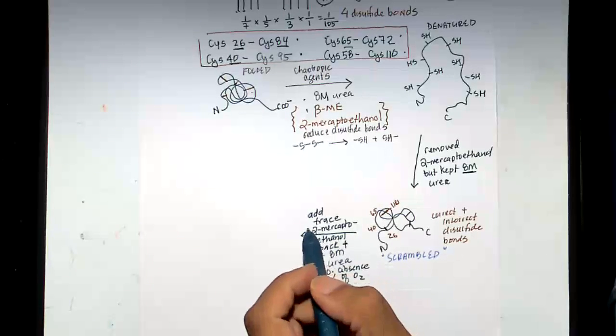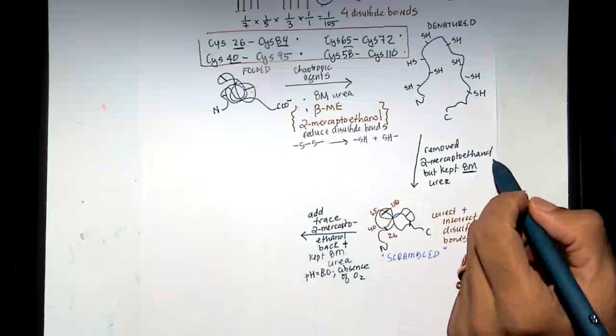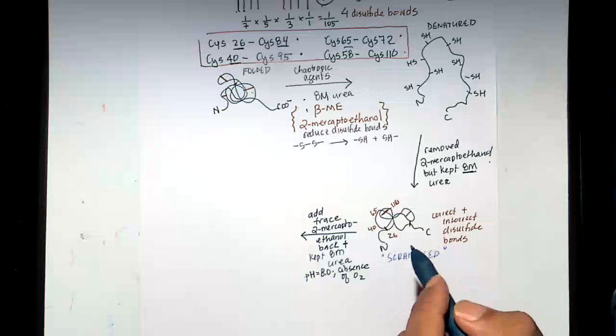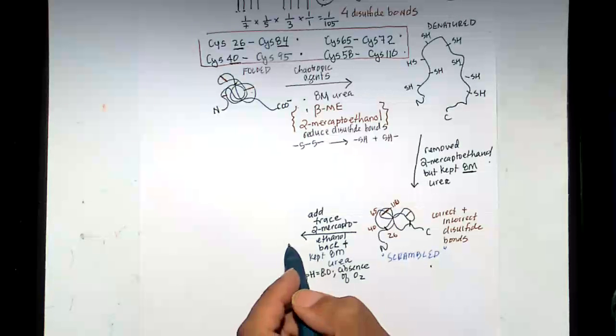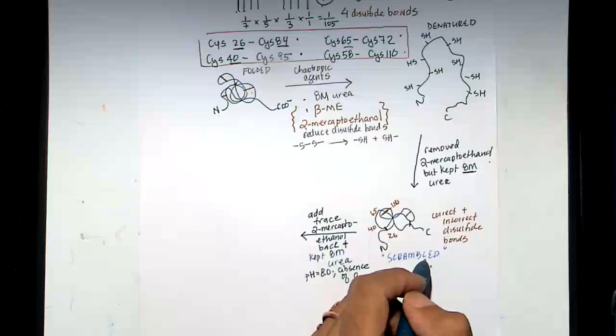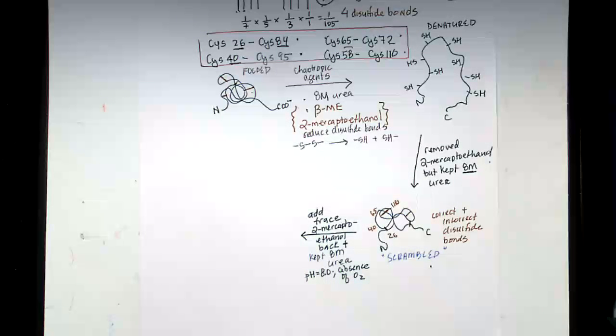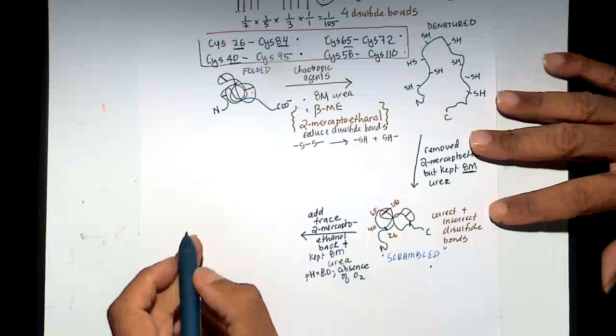It got scrambled because it was trying to find the right cysteine partners. He added a trace amount back, kept it in conditions that favor oxidation, and we still had the urea, so we still had that nasty chemical.